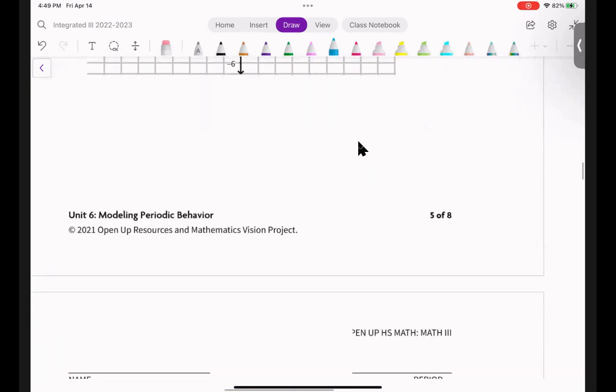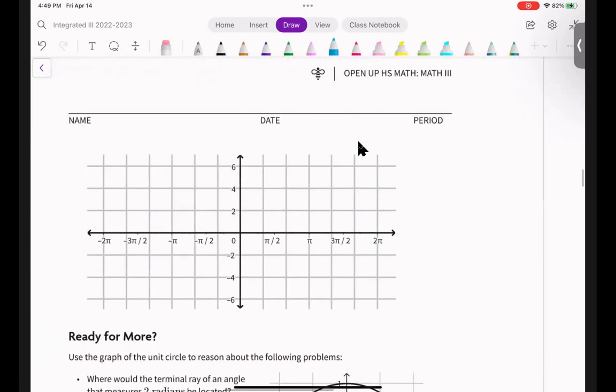And I'm going to do the same thing over here with sine of 2x. Okay, and I'm going to use the same numbers that they gave me here. So I'm going to start with 0, and I'm going to plug 0 in here. So I get sine of 2 times 0, right? So that's just 0.